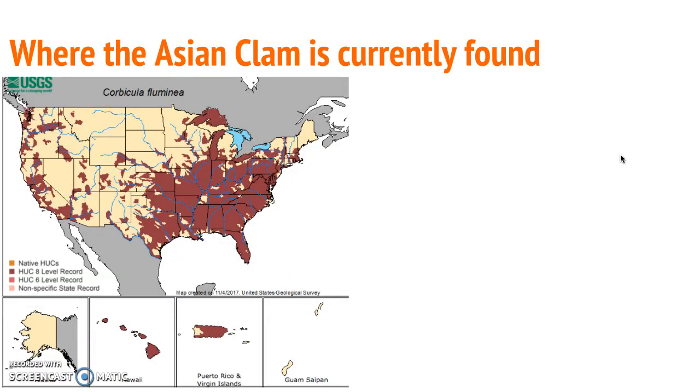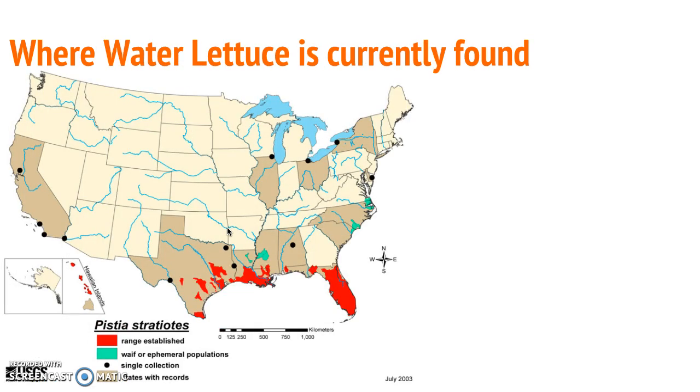So, where the Asian clam is currently found. The Asian clam has spread into many of the major waterways and into 48 of the 50 states. So it's pretty spread out. Where water lettuce is currently found.